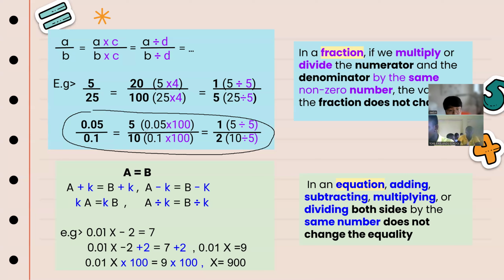We can divide by 5 on both the numerator and denominator too, to get 1 over 2 as well.